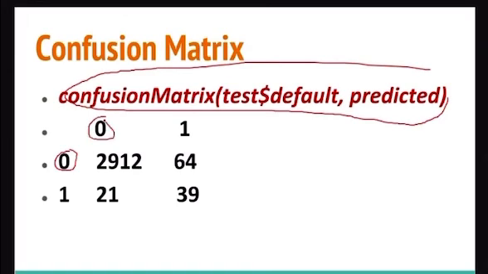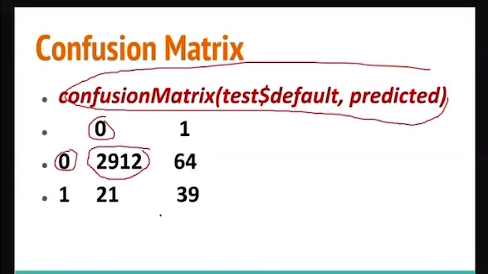This is trying to say 2,912, right? They did not default in the data, and your model correctly identified them not to default.